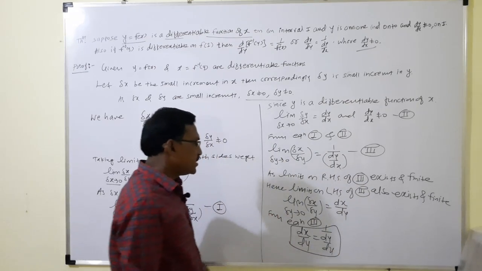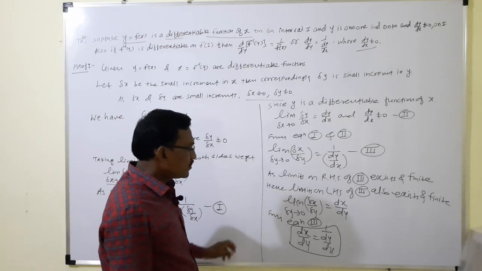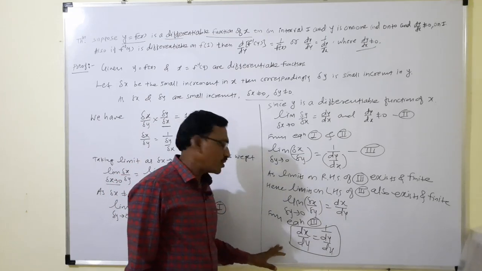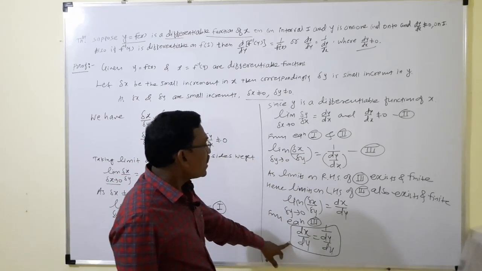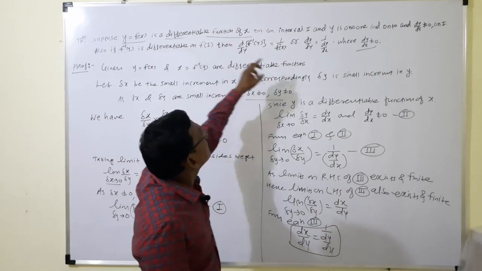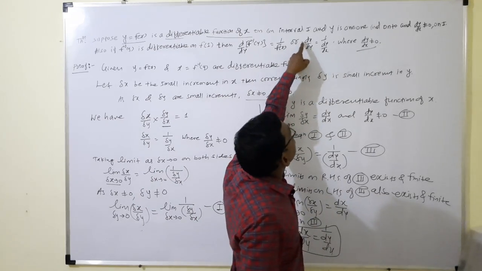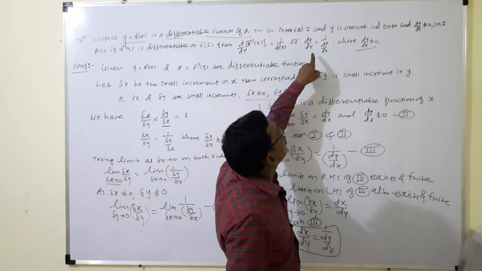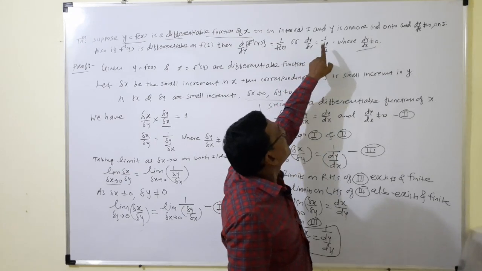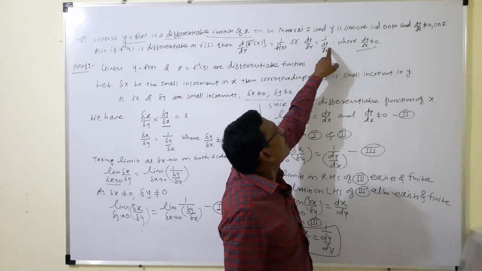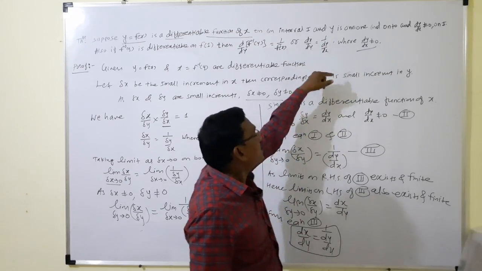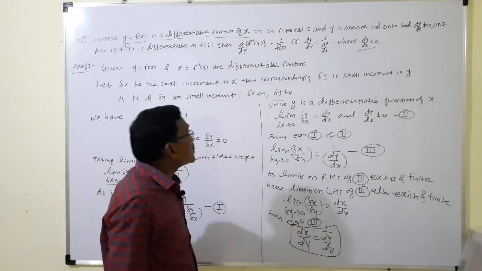So this is the derivative of inverse function. Here we prove the derivative of x with respect to y is equal to 1 upon the derivative of y with respect to x. Hence proved.